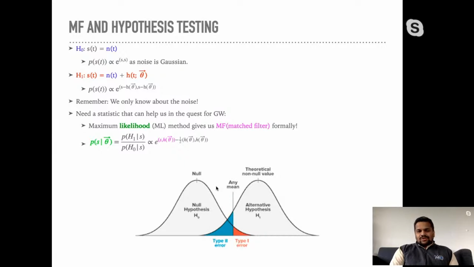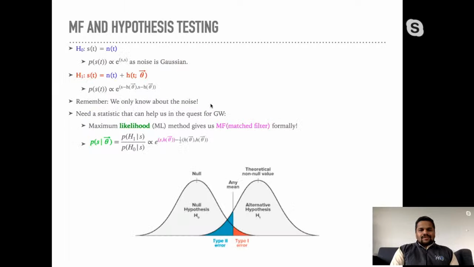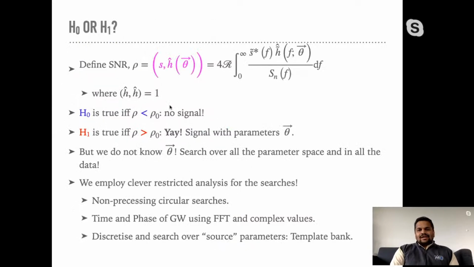We can change this particular threshold to fine tune our searches. So coming from this particular statistic, we define this SNR. We are not going through the whole derivation, and this is the reason it is called a match filter.